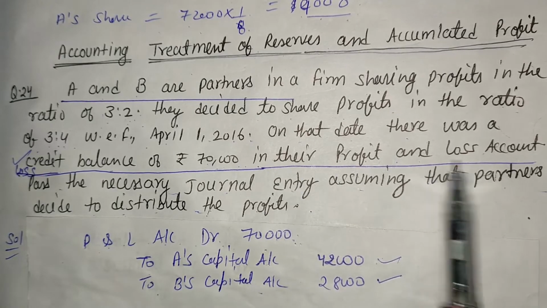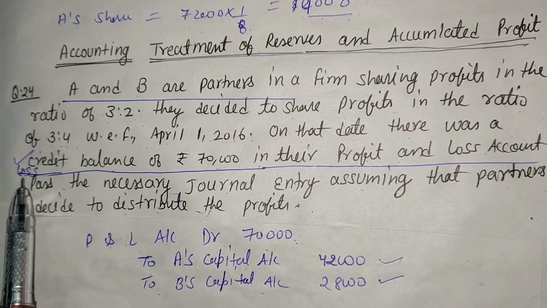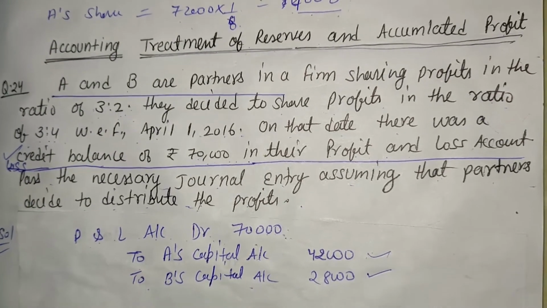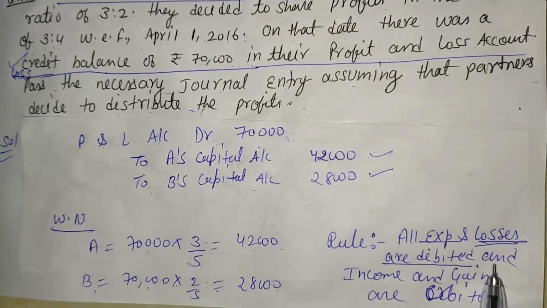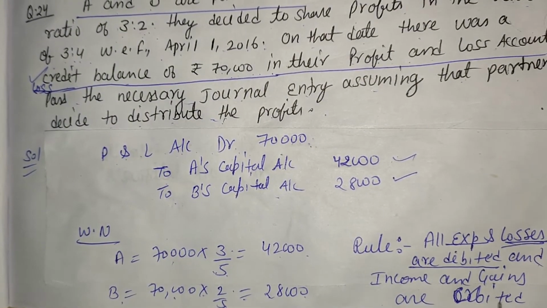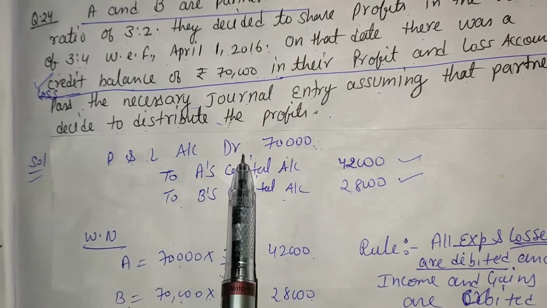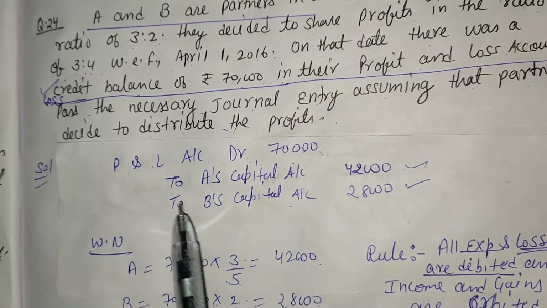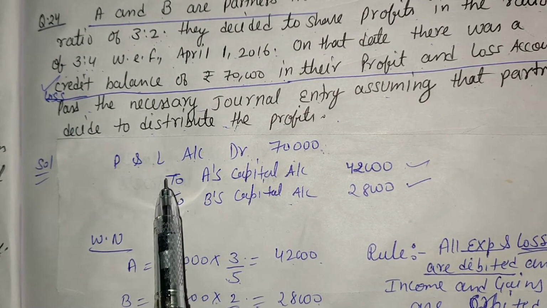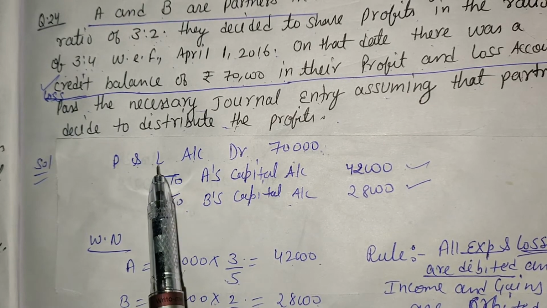Here the profit and loss account is a loss, and according to the golden rule of journal entries, all expenses and losses are debited and all incomes and gains are credited. Here loss is given, so we debit. So profit and loss account debit to A's capital account and B's capital account, because I already told you that all the reserves and profit are distributed in the old ratio.